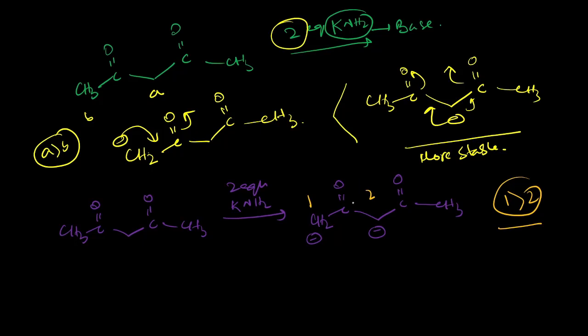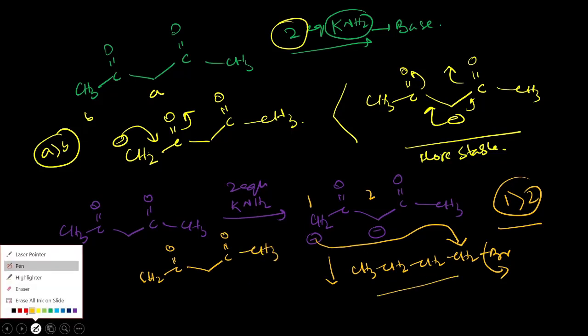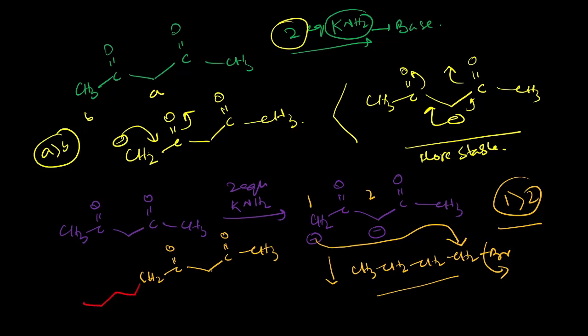Now if we add any RX, or if we add CH3, CH2, CH2, CH2, Br here, this negative charge will attack, and Br minus will be eliminated. So finally we have CH2, C double bond O, C double bond O, CH3, and 4 carbons will be attached: 1, 2, 3, 4. Now this negative charge is present, and H3O plus is added.